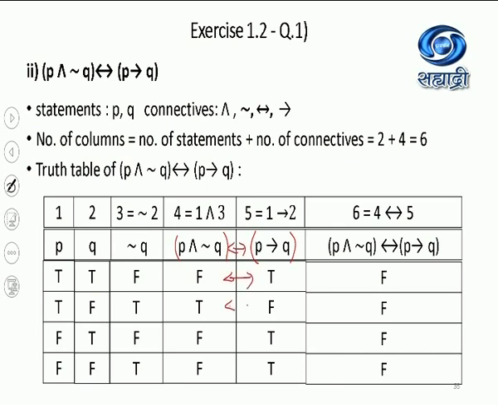Each one is different. No both T's or both F's are there. So the hint is not followed for the last column, and all entries will be F. That is how you conclude the truth table for the given statement pattern.